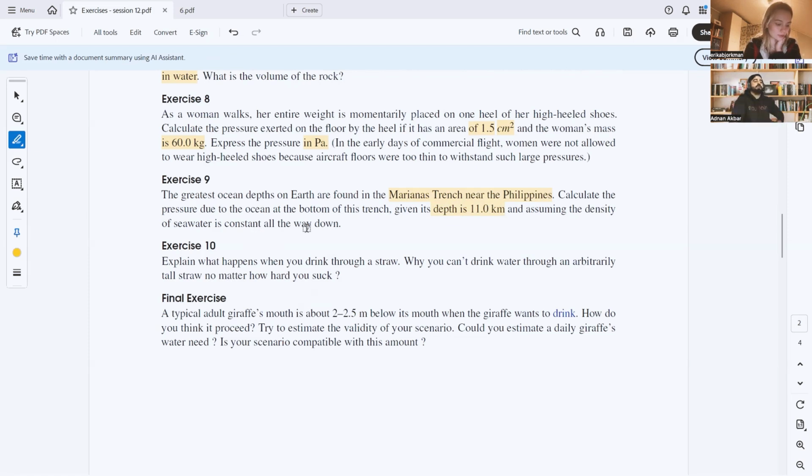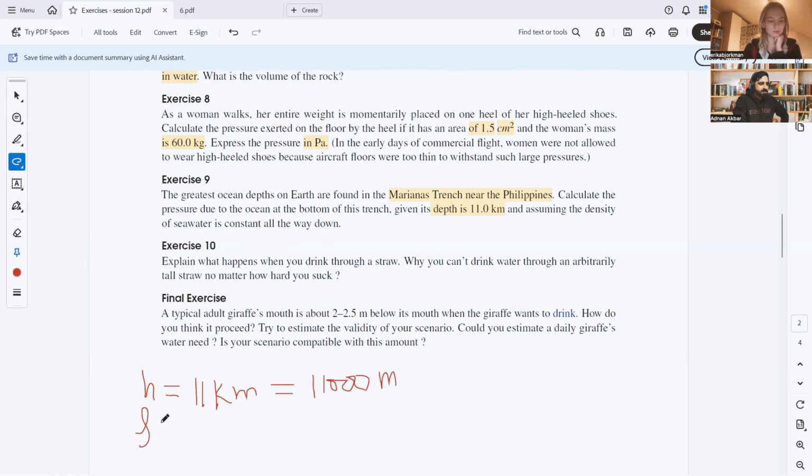Density is constant. The density of the water is always constant. That is 1000 kilogram per meter cube. And the depth is here considered as height, h equal to 11 km, which is 11,000 meters.